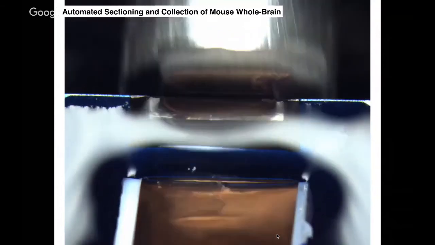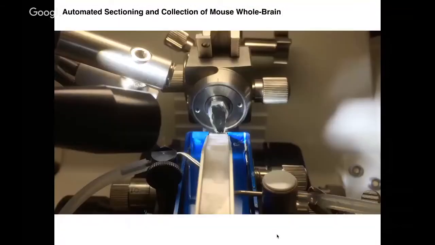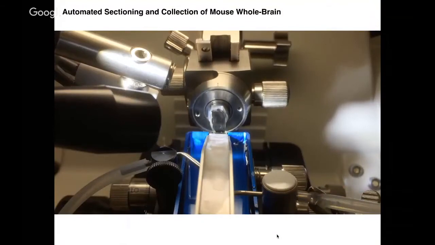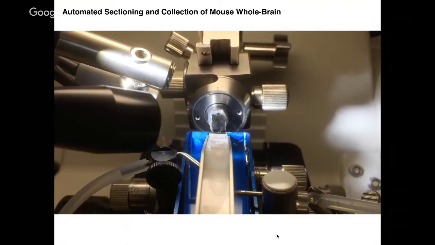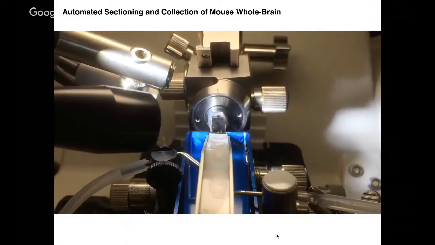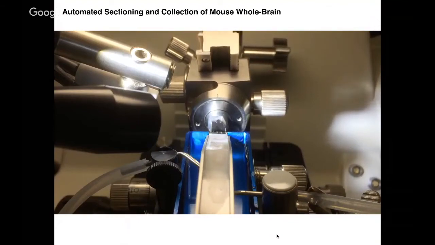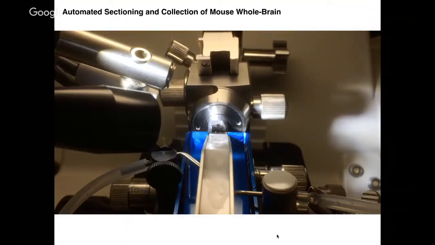Now, the much more interesting thing is what happens when we try cutting through an entire brain. And this is shown here. So this is a full mouse brain cut at the mid-sagittal plane. So this is about 15 millimeters high by about 7.5 millimeters wide, using an 8 millimeter diamond knife to do the cutting.